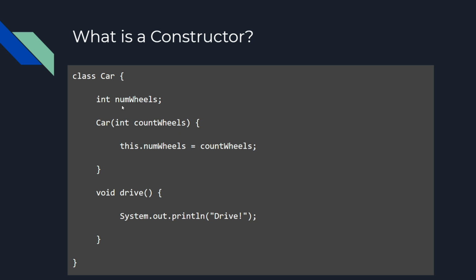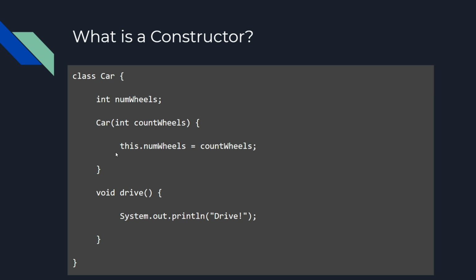Remember this num wheels variable that we defined inside the car earlier? We're going to take whatever value is given to that parameter and store it in the object's num wheels property. We're using the keyword this.